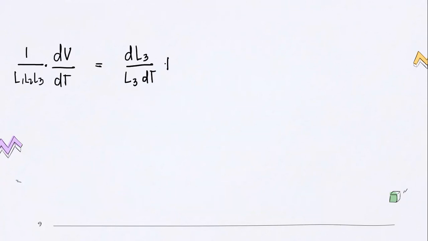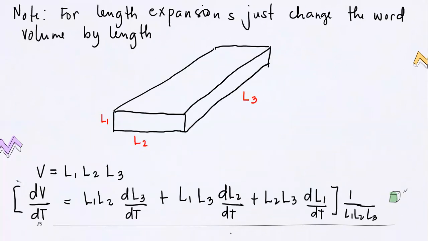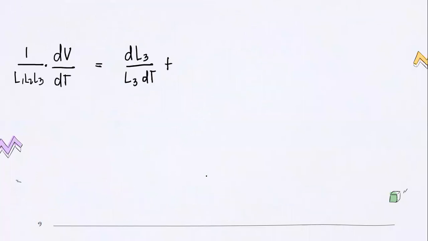Plus, for the second term, the derivative of L2 over L2 times the derivative of T, plus the derivative of L1 over L1 times the derivative of T. Remember that L1 L2 L3 is the volume.